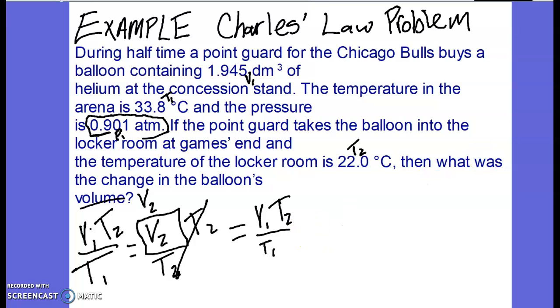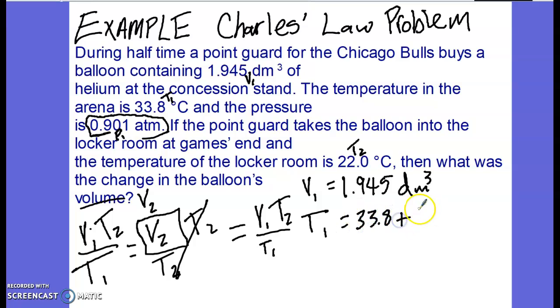I like to write out all the variables so I can see them. We know that V1 is 1.945 decimeters cubed. We know that's a volume because of our unit. Temperature is 33.8, but of course, to use this 33.8, we have to add 273.2.